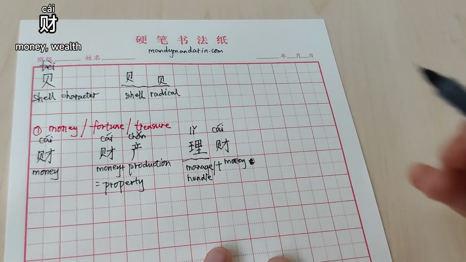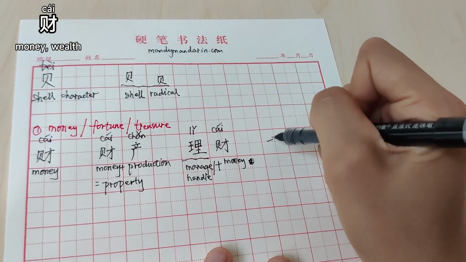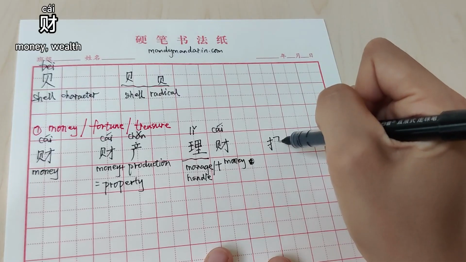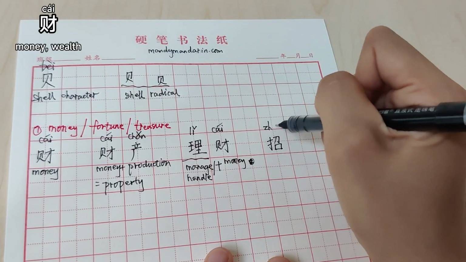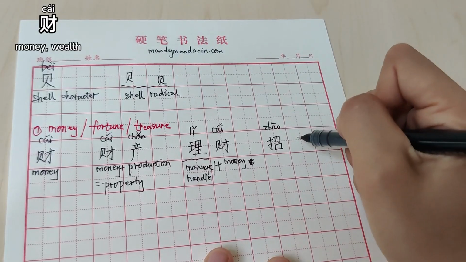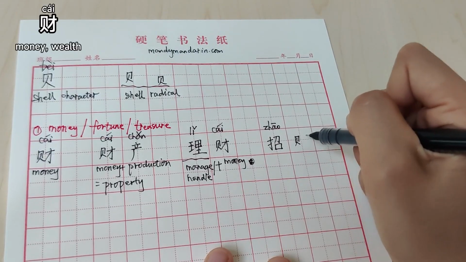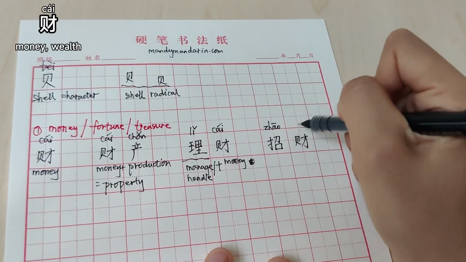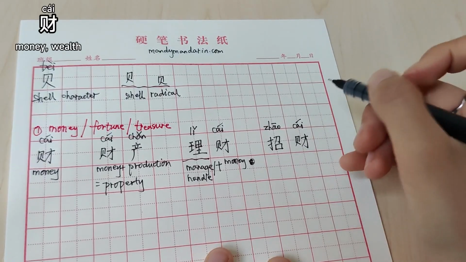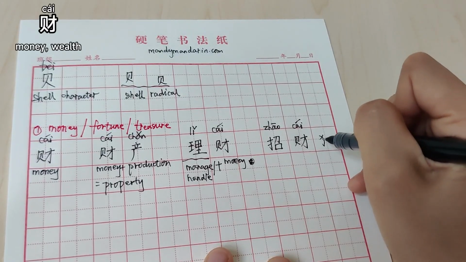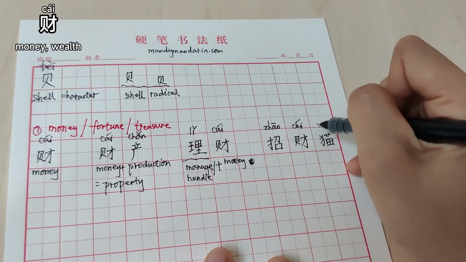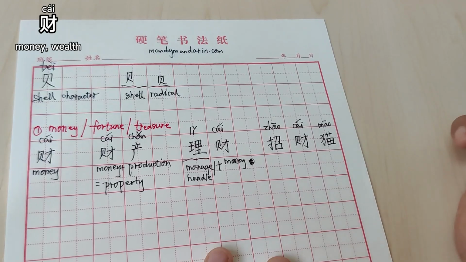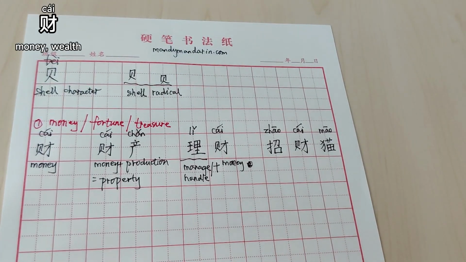So that is 理财, to manage the money. And the third one, 招财猫. It's a very cute word actually.